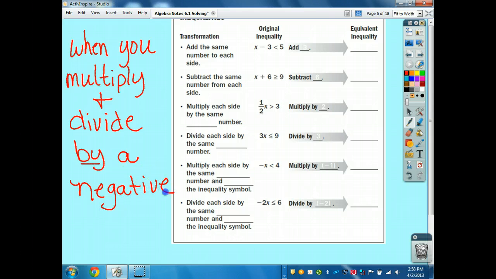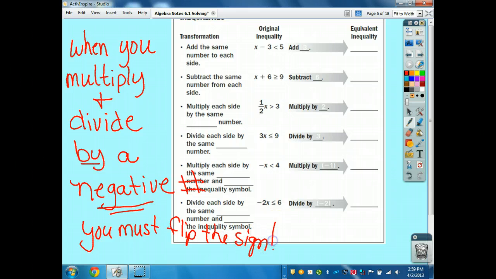When you multiply and divide by a negative number, you must flip the sign. Always, always, always. Write that big so you remember it somewhere. There's no exceptions. Anytime in the world you work with inequalities, anytime you multiply or divide by a negative number, you have to flip the inequality sign.